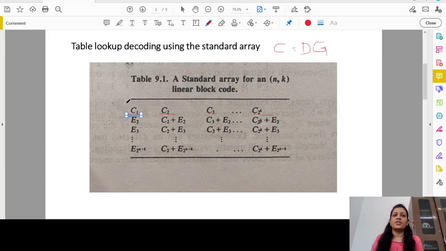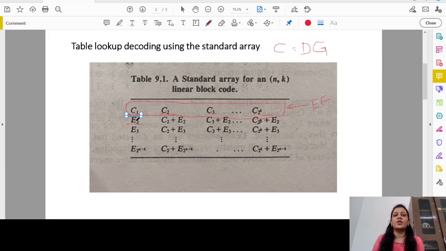Now the first row is written by considering the valid code words, so I can say that these will not have any errors, they are error free code words. But we know that during transmission the signal may suffer error due to the addition of noise in the channel. So now let us consider a particular error pattern, say E2.